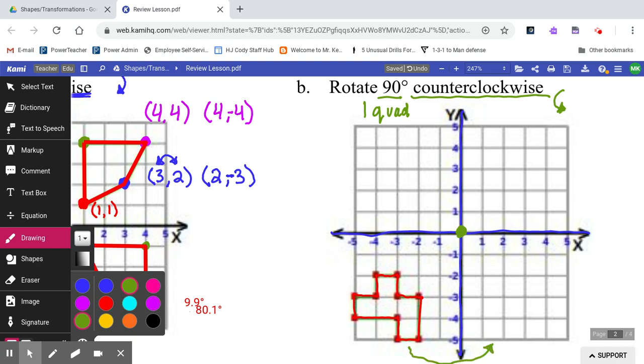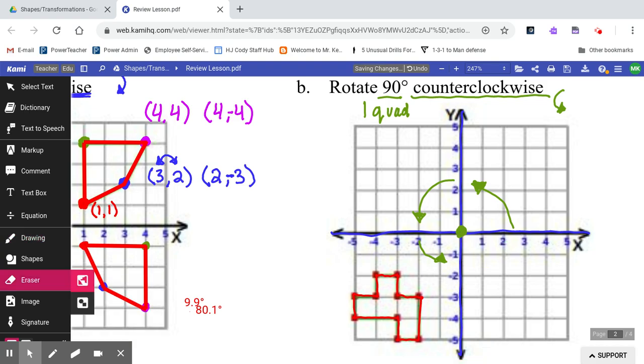If you're spinning your X and your Y axes, that means my axes should all be switching one over. So this one is now up here. This top one is now down here. This one is now over here, like that. And then I would just copy the image, redraw it out, but on my new quadrant.